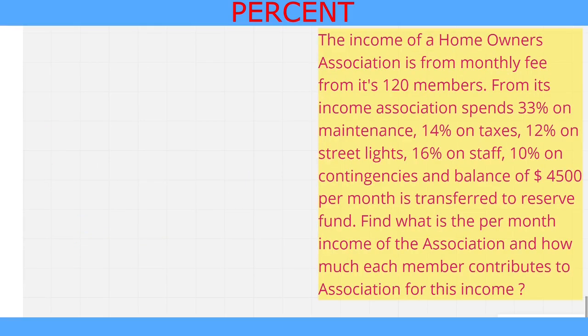Our next question is, the income of a homeowners association is from monthly fee from its 120 members. From its income, association spends 33% on maintenance, 14% on taxes, 12% on street lights, 16% on staff, 10% on contingencies, and balance of $4,500 per month is transferred to reserve fund.